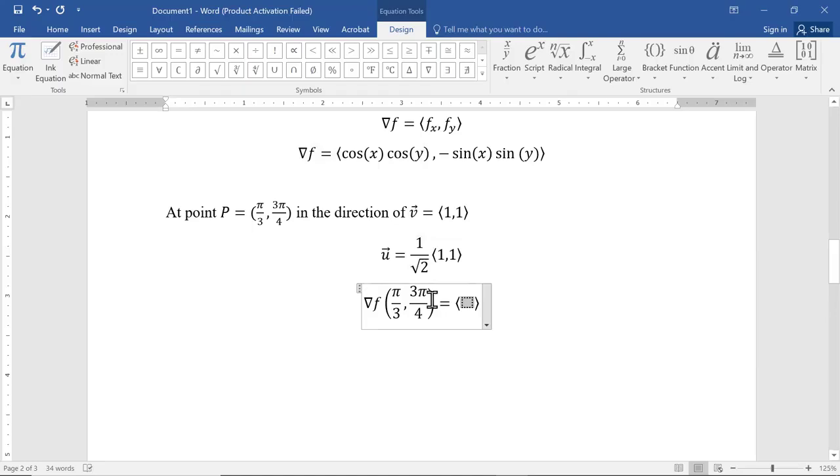But it is doable. First off, cosine of pi over 3 is a half.